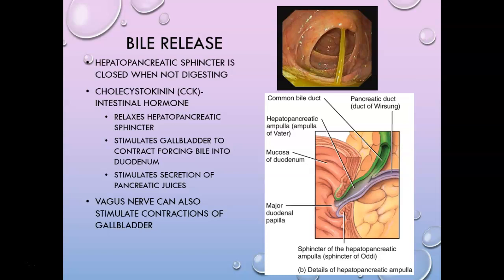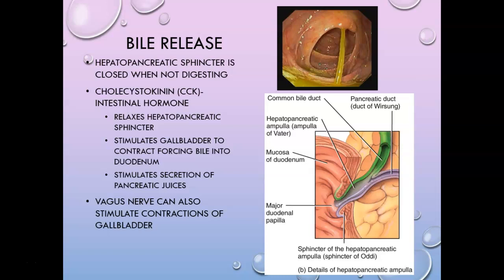So I just wanted to remind you about the bile release. Remember that the hepatopancreatic sphincter is closed when we don't have that acidic chyme in the duodenum. That cholecystokinin that is released in response to that acidic chyme is going to cause the hepatopancreatic sphincter to relax and also stimulate the gallbladder to contract.